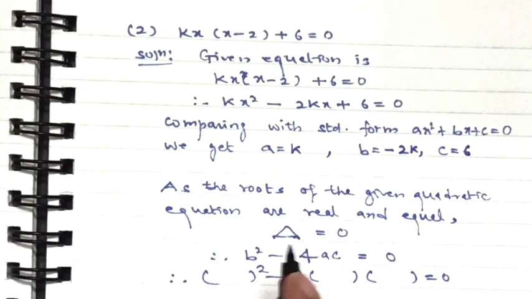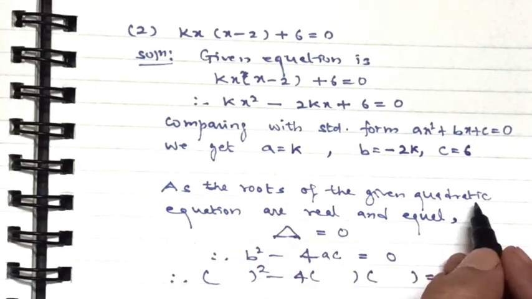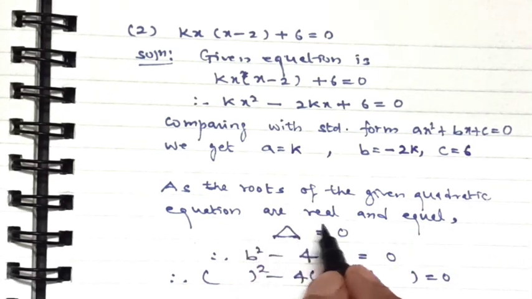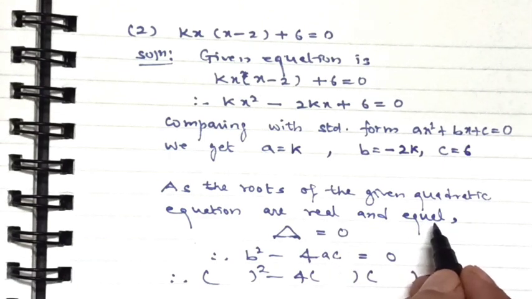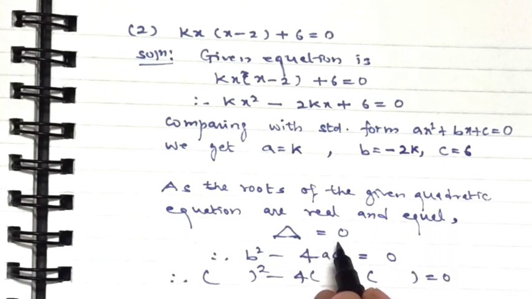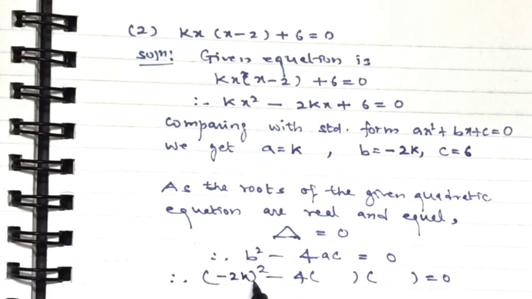Again, given that the roots of the given quadratic equations are real and equal, therefore delta is equal to 0. That means discriminant is equal to 0. Therefore b square minus 4ac is equal to 0. Put the value. What is your b? b is minus 2k. What is a? a is k.